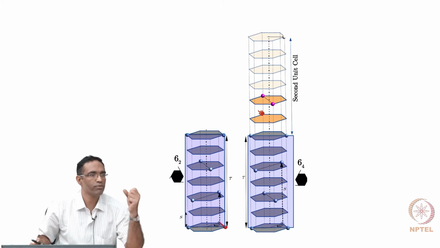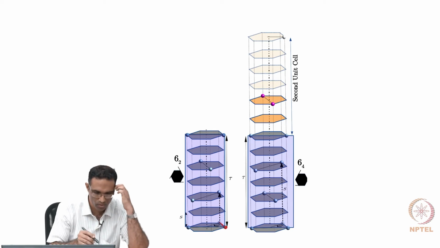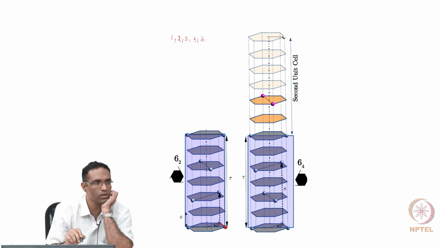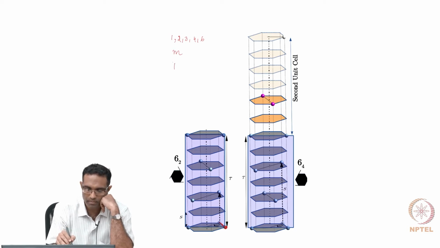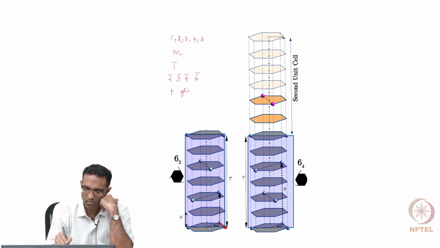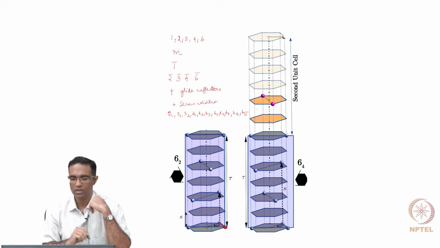So if you look once again at all the operations: 1, 2, 3, 4, 6, all the rotations possible, the mirror planes, the inversion center, 2 bar, 3 bar, 4 bar, 6 bar, plus glide reflections, plus screw rotations, which are nothing but 2-1, 3-1, 3-2, 4-1, 4-2, 4-3, 6-1, 6-2, 6-3, 6-4 and 6-5.